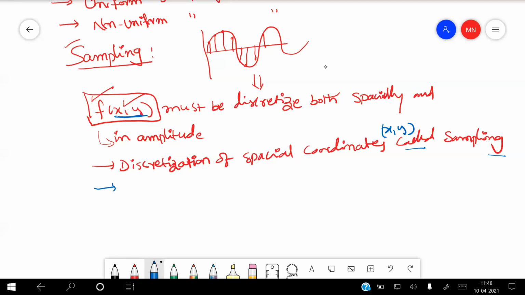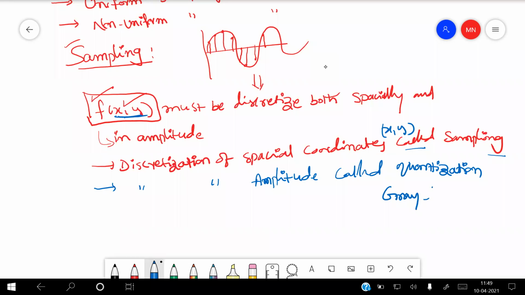Then discretization of amplitude is called quantization, also called gray level quantization.